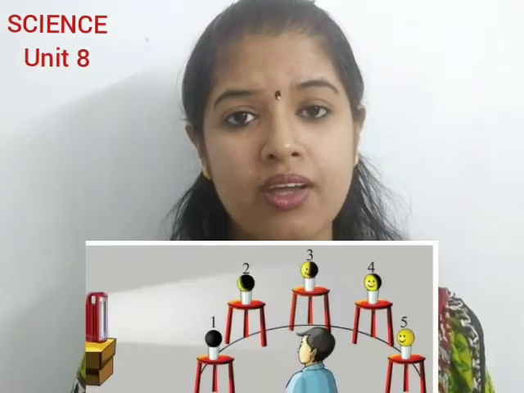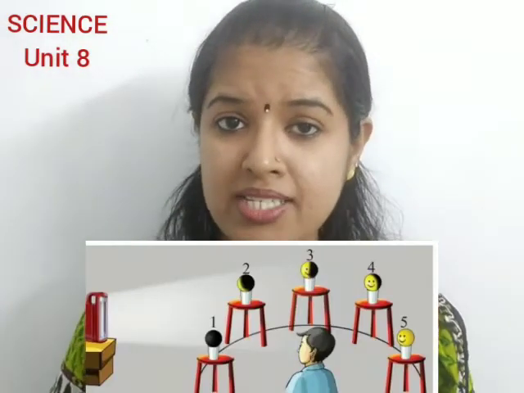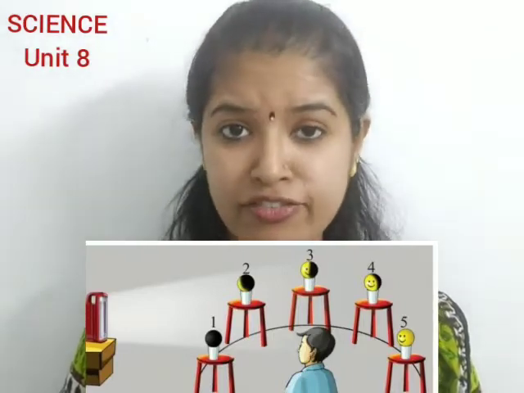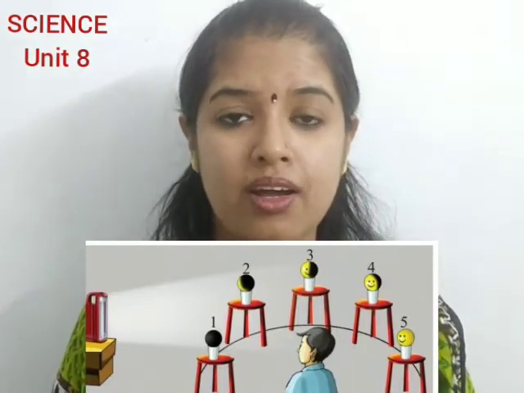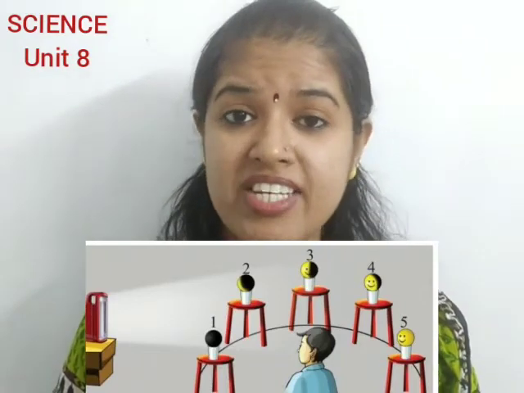Now here is an experiment for you to understand this crescent. So let's go, children. Here it is. In this experiment, you have to draw a semicircle on the floor in any room, in the east-west direction.